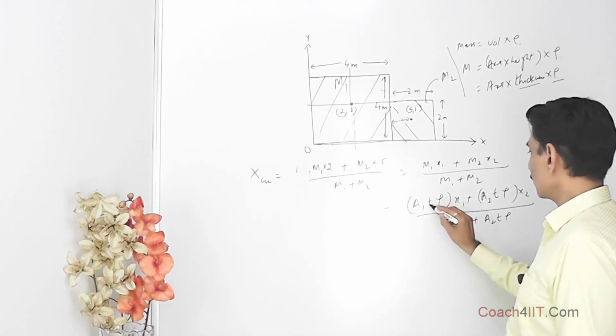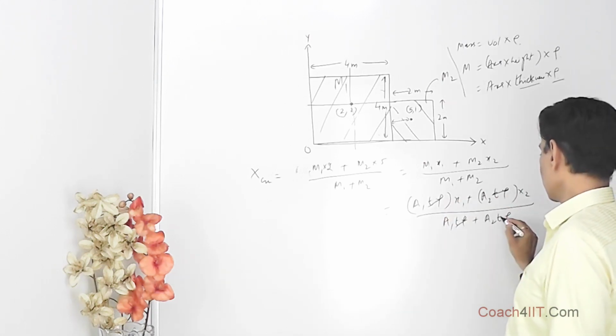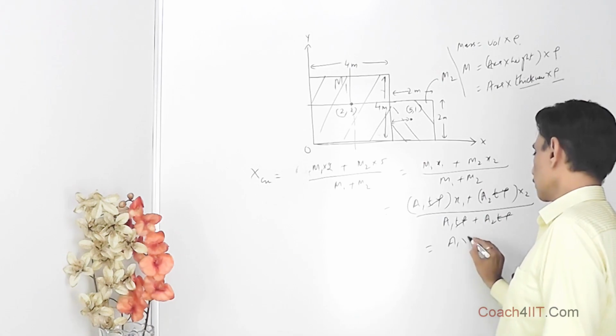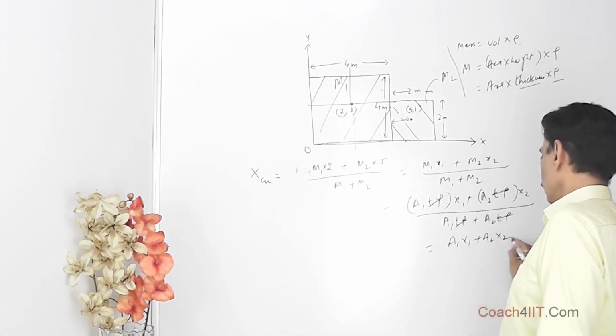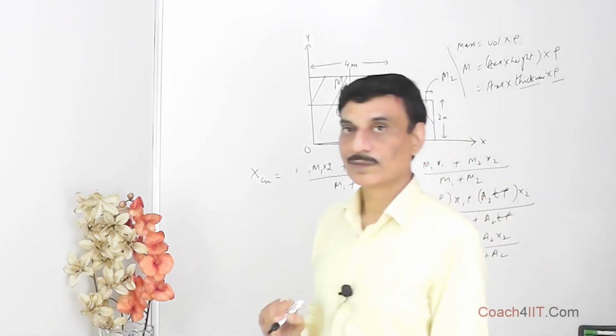We see that T and rho can be taken out and cancelled. So this comes out to be A1 X1 plus A2 X2 over A1 plus A2. So we get the formula.